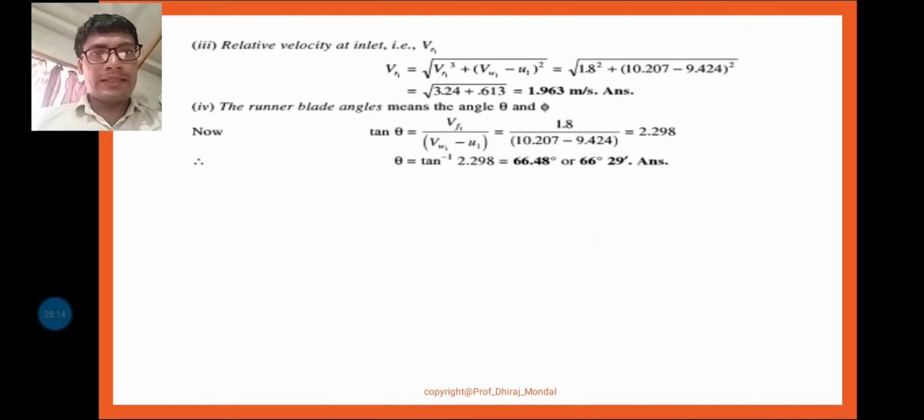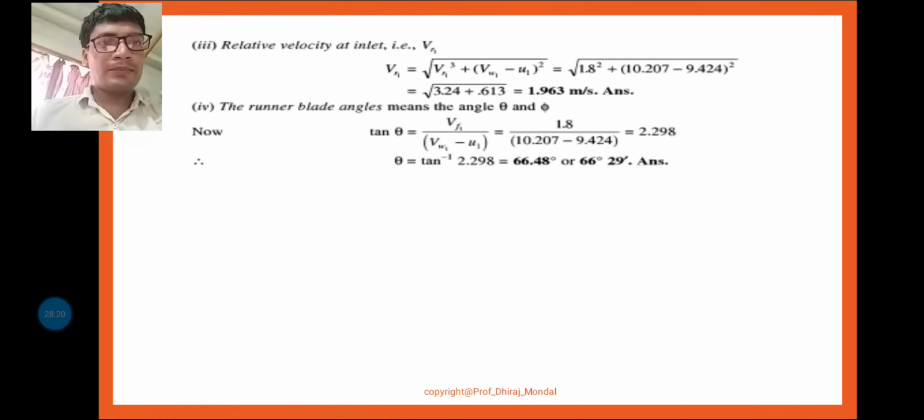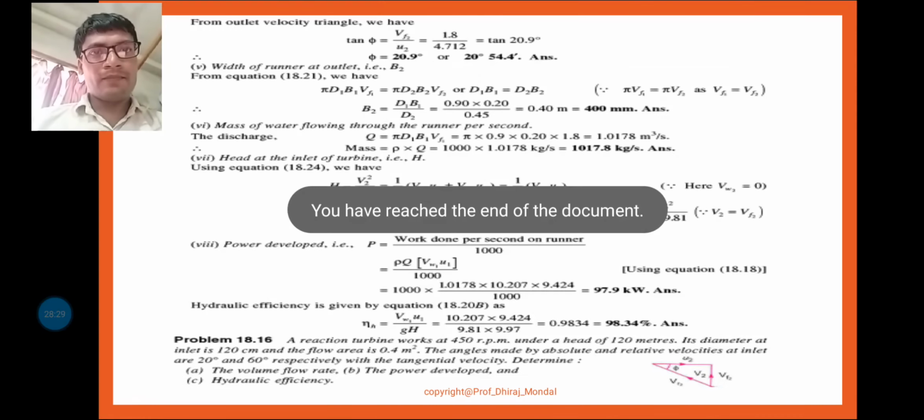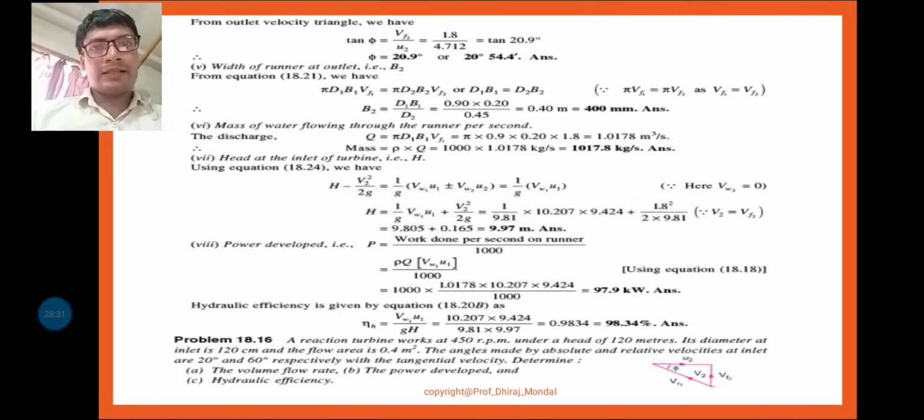You know Vf1, Vw1 and U1, so after putting these values, theta is equal to 66.48 degree.